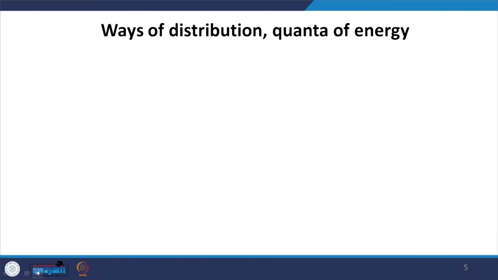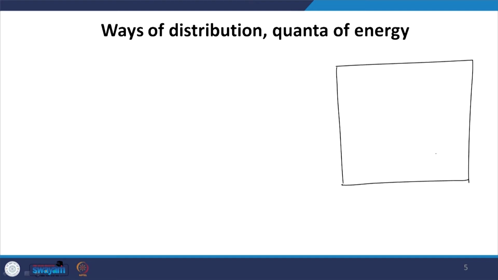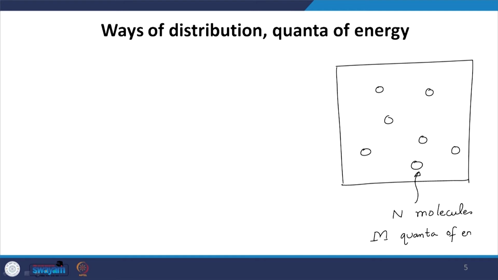Now, let us see how this idea also is useful when we look at the distribution of energy in molecular systems. So, I was telling you that in general you can have n molecules in a system, and then you may have some m quanta of energy.